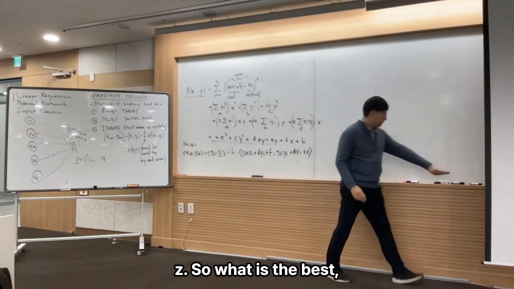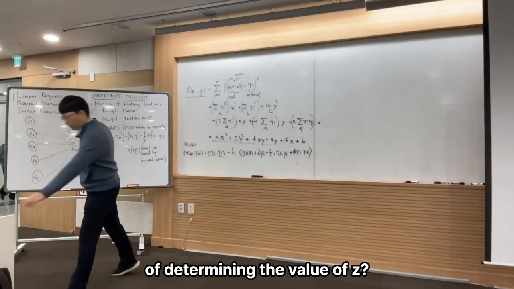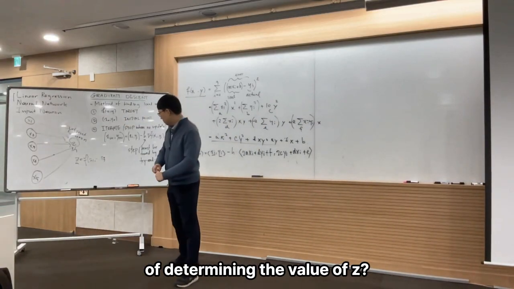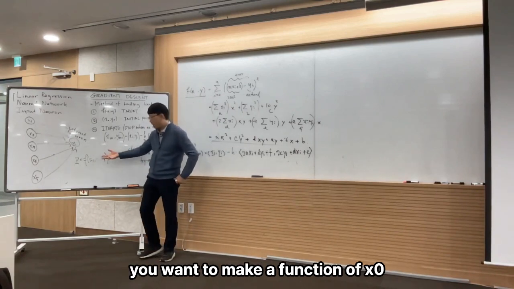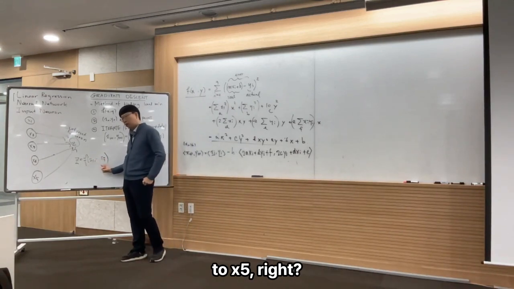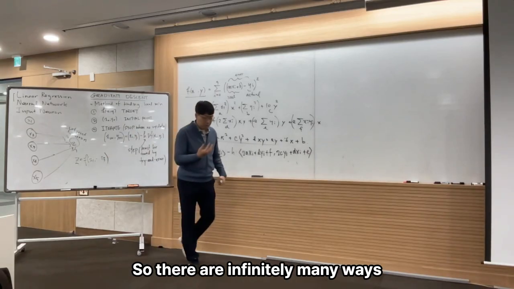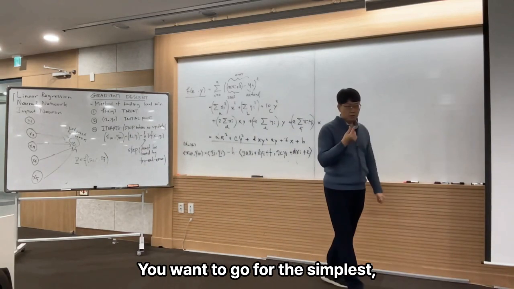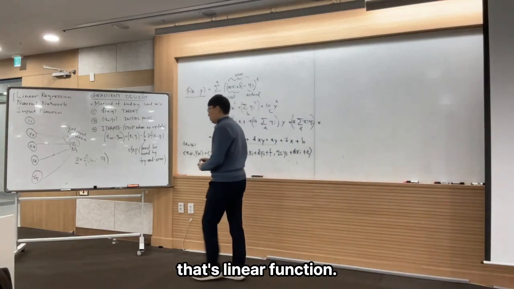So what is the simplest way of determining the value of z? Basically, you want to make a function of x1 to x5, right? There are infinitely many ways to write a function, but you want to go for the simplest. That's a linear function.